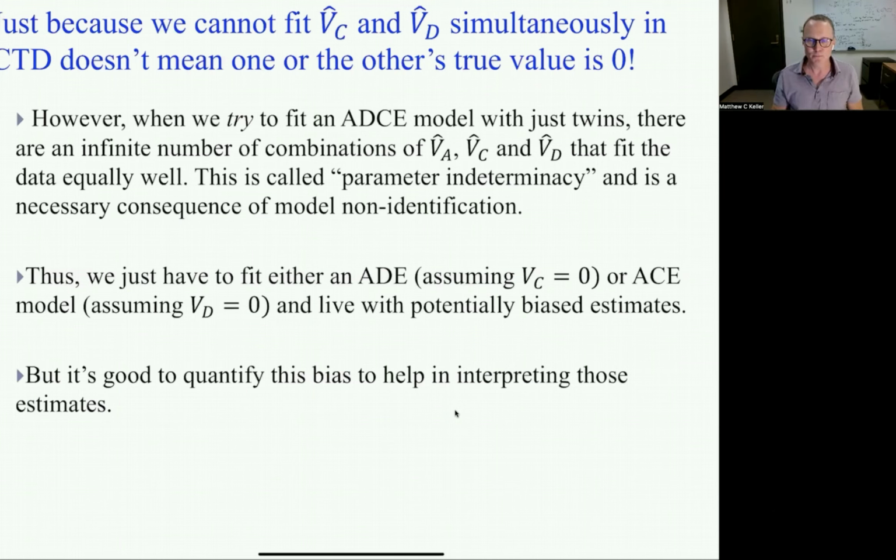Right, so that's how to visualize parameter indeterminacy. When we have parameter indeterminacy, we just have to fit, in the classical twin design, either an ADE, assuming that VC is 0, or an ACE, assuming that VD is 0, and live with the potentially biased estimates. But it's good to quantify that bias when interpreting those estimates.